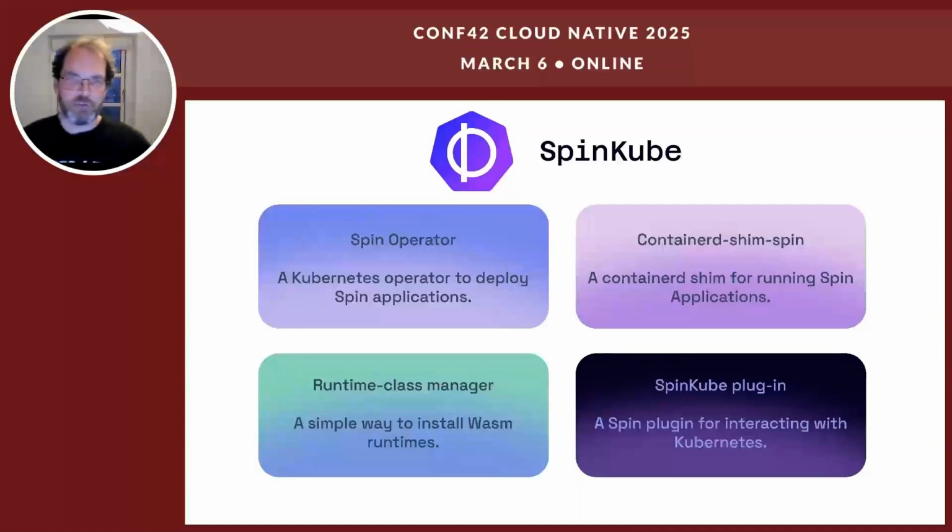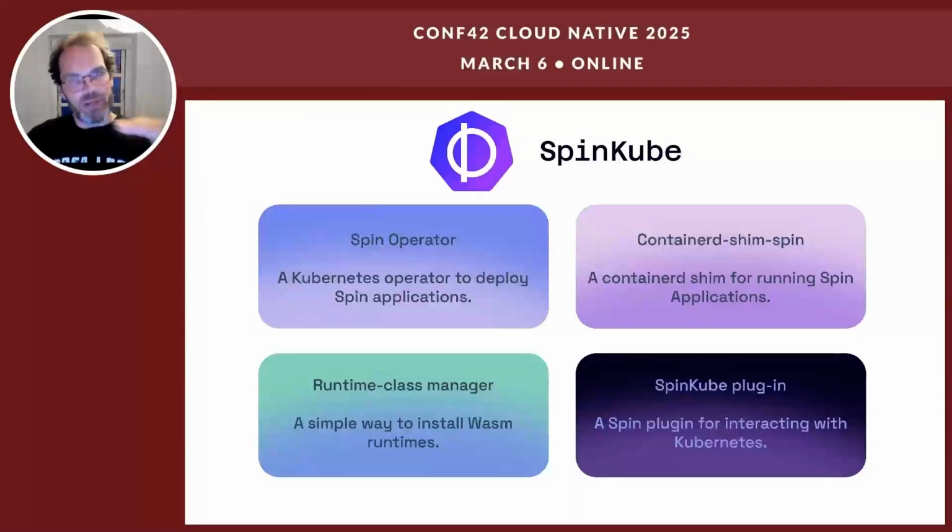SpinCube consists of 4 different pieces. There is an operator to help translate the application model or application framework that Spin is into a Kubernetes language. So basically, Spin applications end up running as pods and through deployments and having services, all these native Kubernetes resources that we all know.